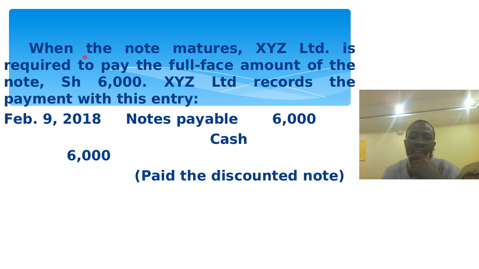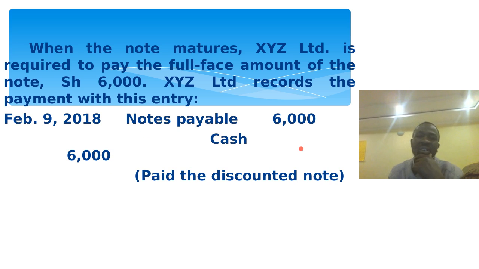Now, when the note matures, XYZ Limited is required to pay the full face amount of the note, which is 6,000. So this entry will be recorded as follows. We will debit the notes payable, which is 6,000, and also you will just pay the total amount, which is cash 6,000.